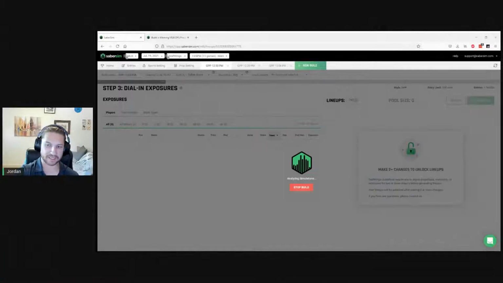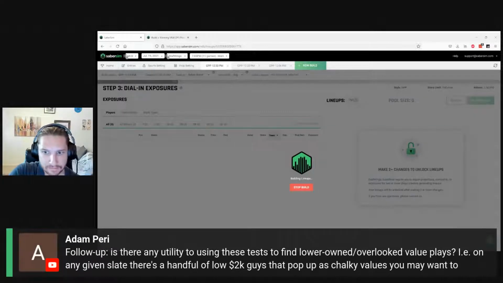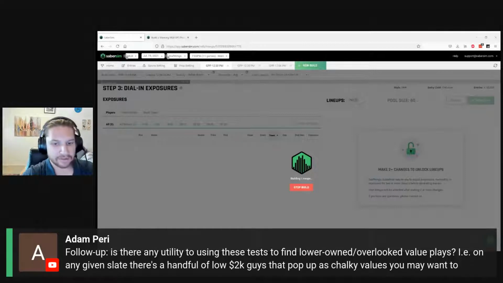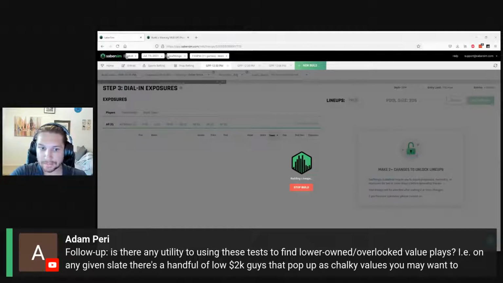What I think is actually more likely to happen here is, rather than value plays popping, I think what's going to pop is ceiling one-off guys that are maybe likely to go low owned.